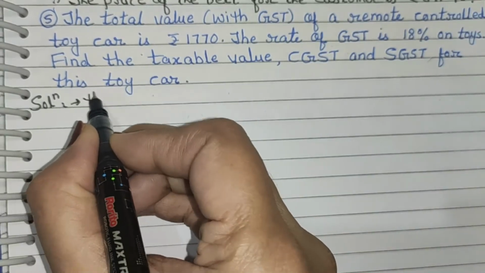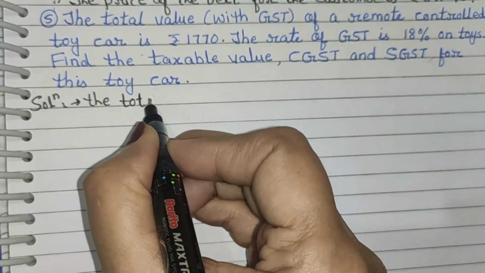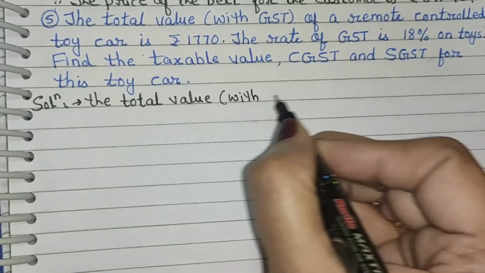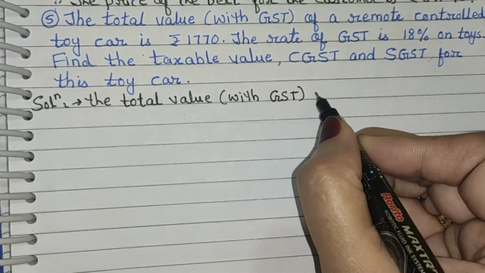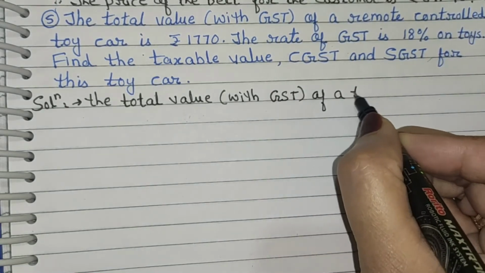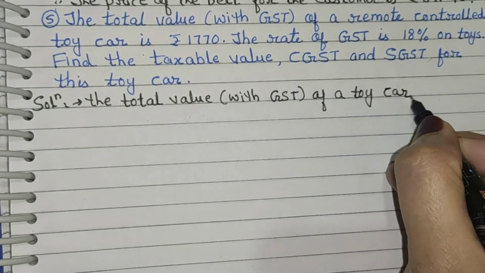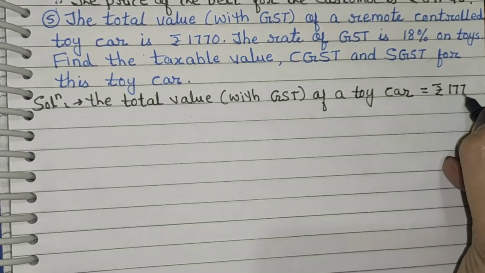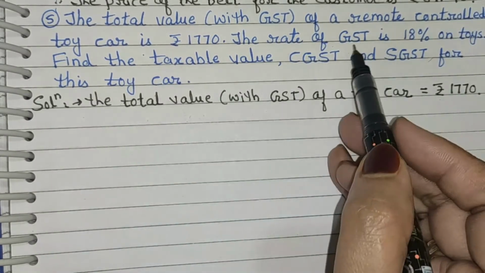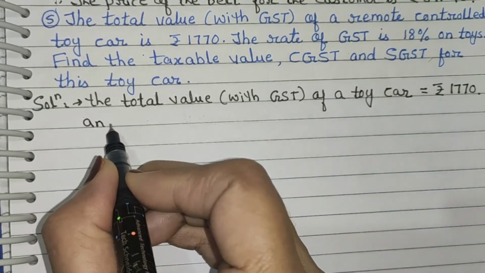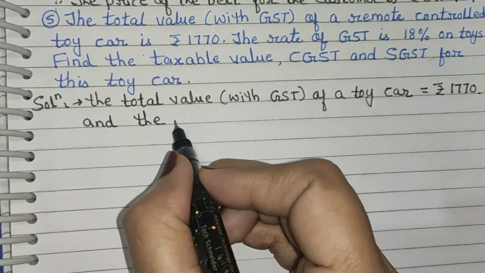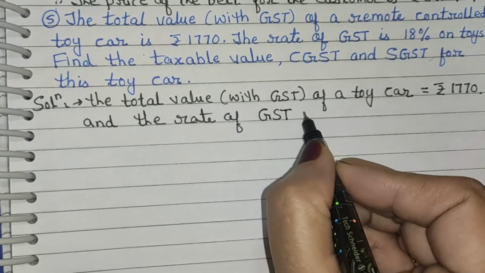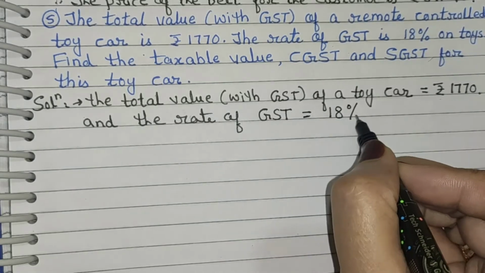The total value with GST of a toy car is equal to rupees 1770 and the rate of GST is given, which is equal to 18%.